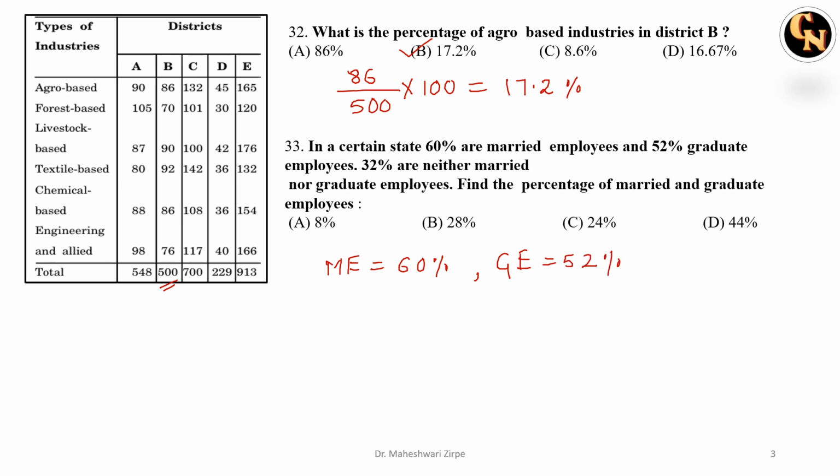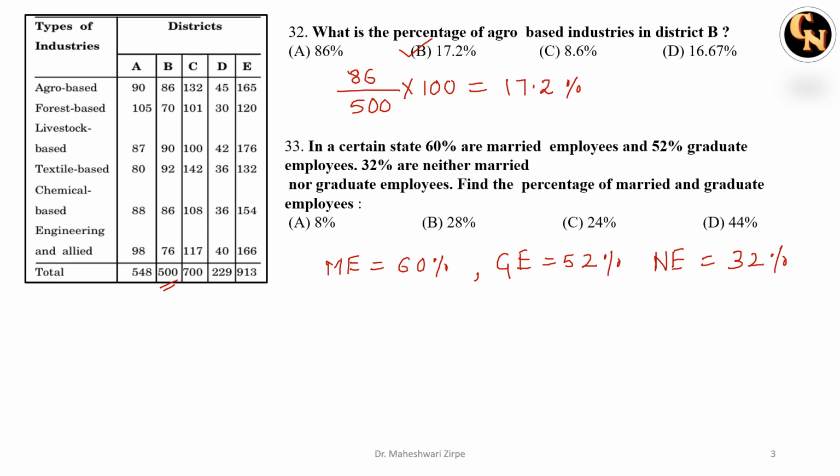What else they have given? They have given that 32% are neither married nor graduate employees. So I'll write down NE and ME, that is 32%. So find the percentage of married and graduate employees, they've asked.